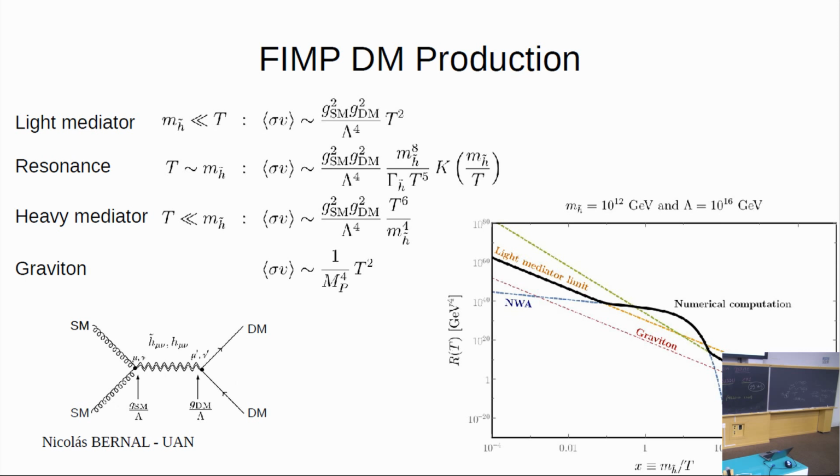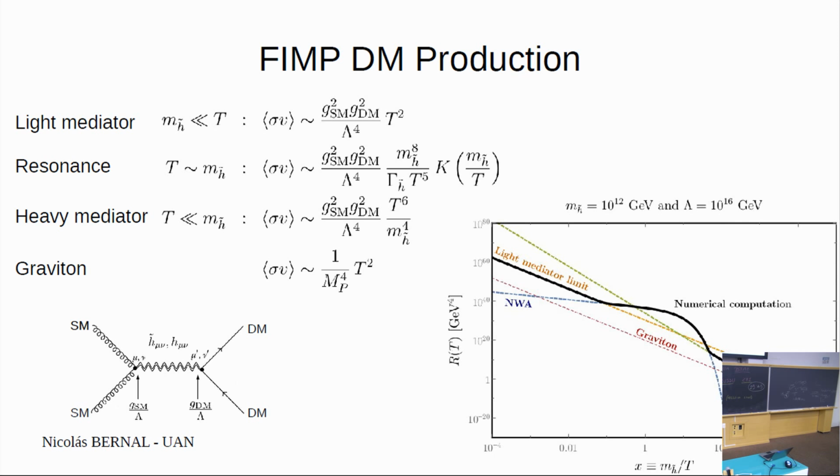So you have the diagram here. And we can find 4 regimes, depending on the mass of the mediator. So for instance, when the temperature of the universe is much higher than the mass of the spin 2, our annihilation cross section will scale like T squared.